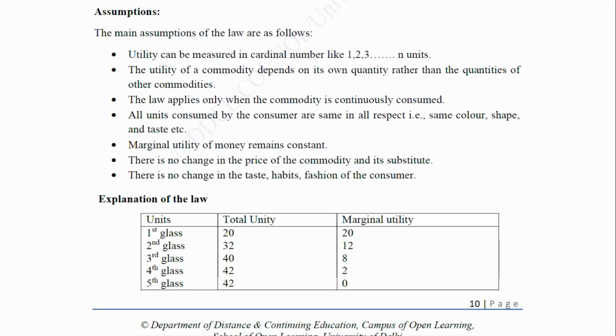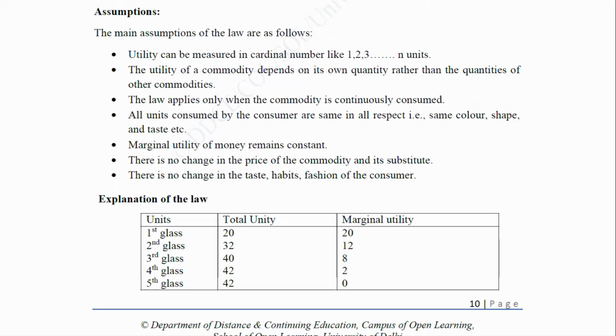Fourth, all units consumed by the consumer are the same in all respects, that is, same color, shape, taste, etc. Fifth, marginal utility of money remains constant. Sixth, there is no change in the price of the commodity and its substitute. Seventh, there is no change in the taste, habits, fashion of the consumer.